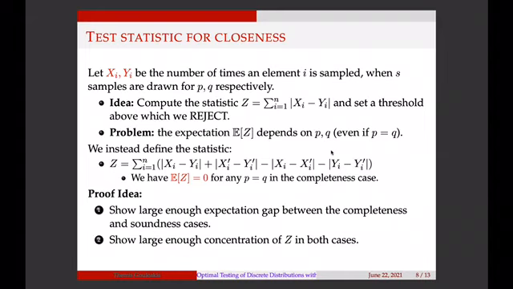The value of this statistic is going to be much larger at probability 1/2 than it is at 99%, and this actually makes it possible to create instances where having two distributions equal to each other versus a bit far from each other is very hard to distinguish.